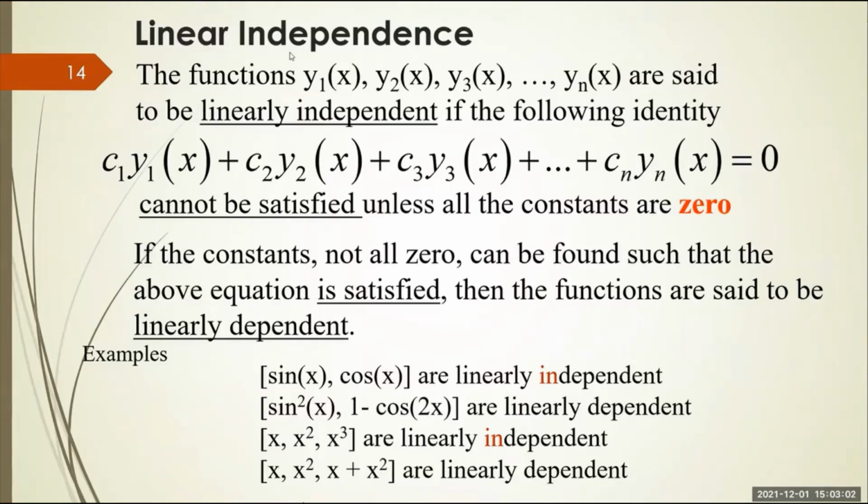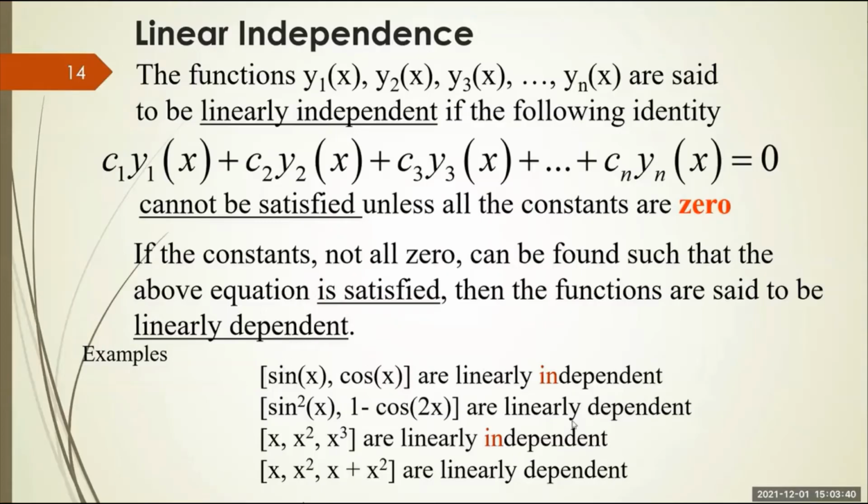So according to the linear independence, if this cannot be satisfied unless all constants are 0, this is linearly independent, right? So let's go to the second paragraph. If the constants, not all 0, can be found such that the above equation is satisfied, then the functions are said to be linearly dependent.